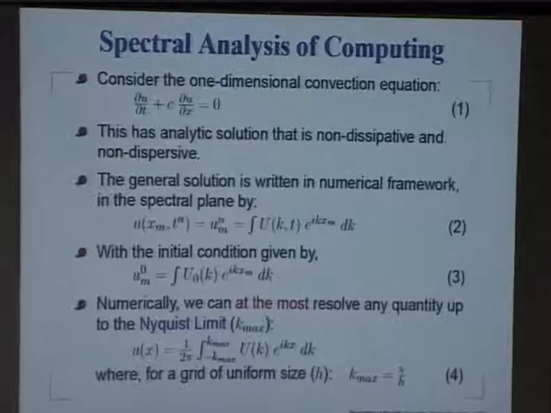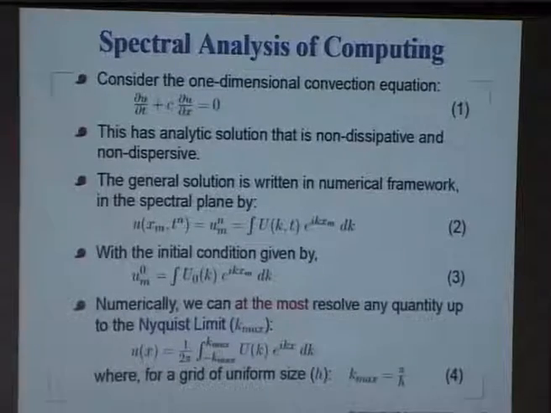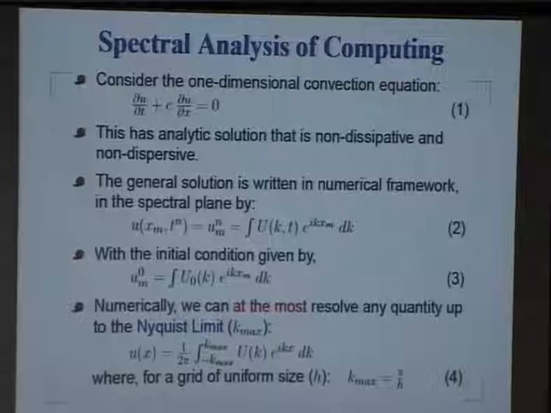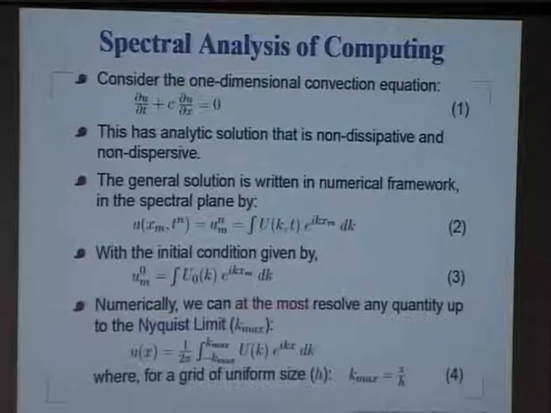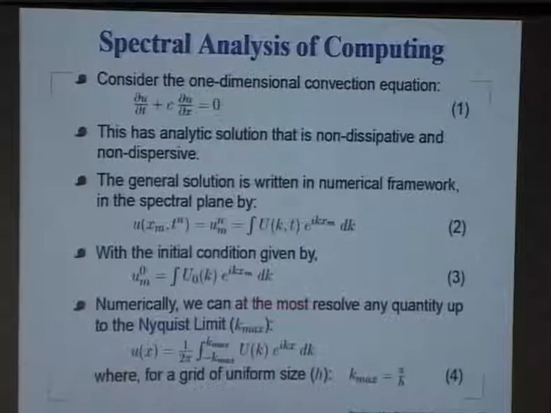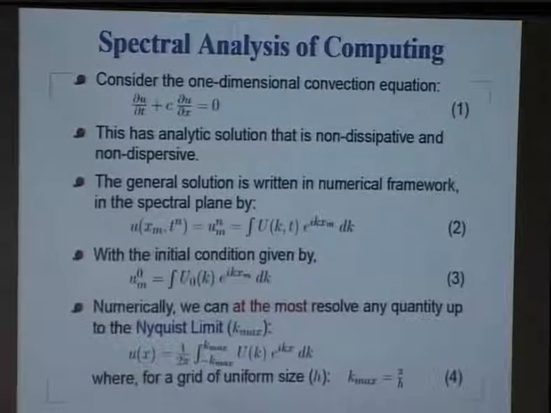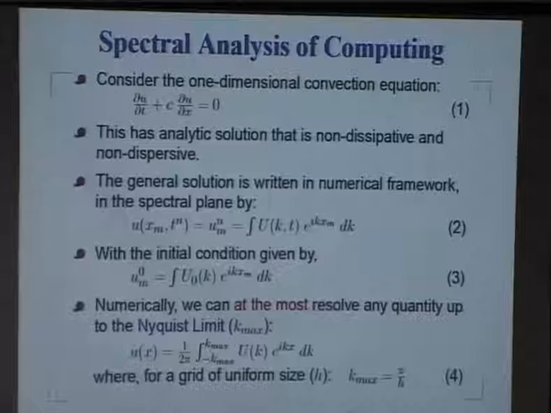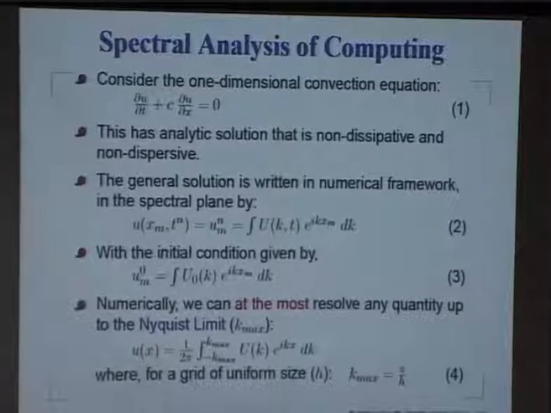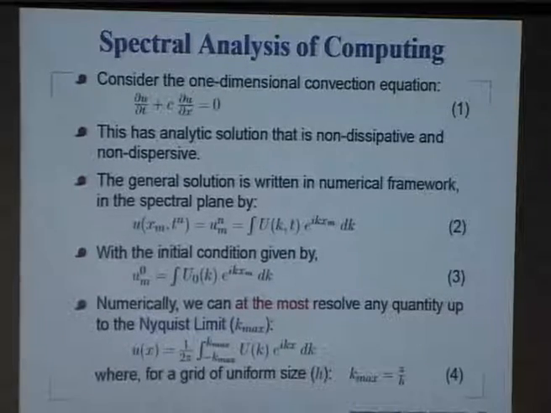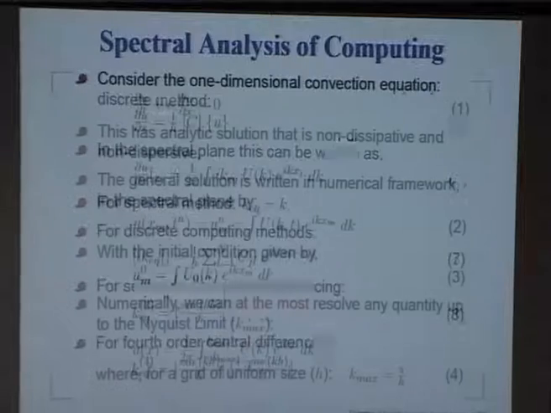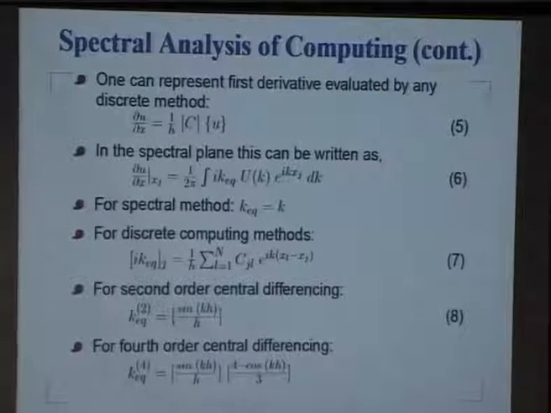So, this is the first lesson that you understand, that in performing discrete computing, your ability to resolve a function is limited by the choice of the grid that you have made. Okay. So, that is your Nyquist limit. Now, I suppose after this you should not have any confusion about this. What happens then?